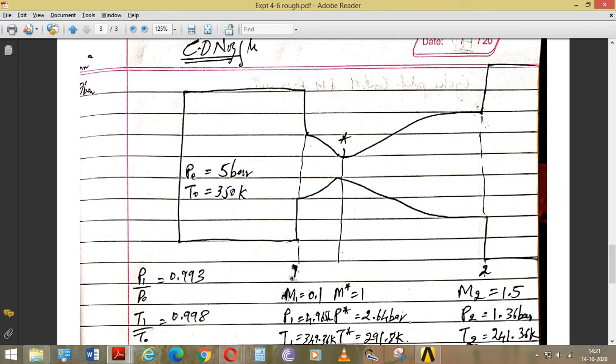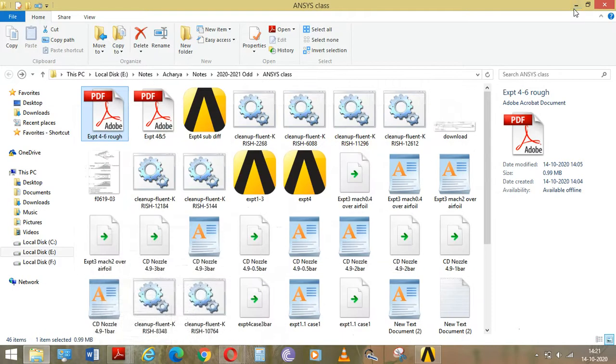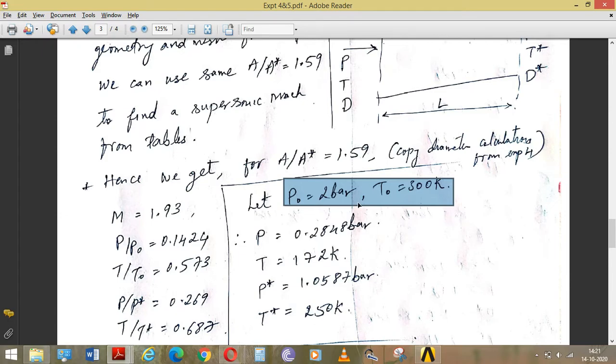In the settling chamber, the flow will be stagnant. There will be a valve before the test section. Since there's a valve, the gases settle in the settling chamber, so the conditions will be stagnant conditions. Those stagnant conditions are these 2 bar and 300 Kelvin.